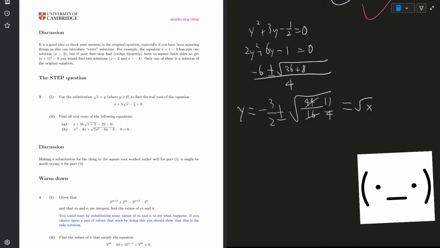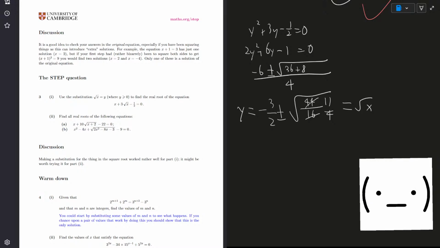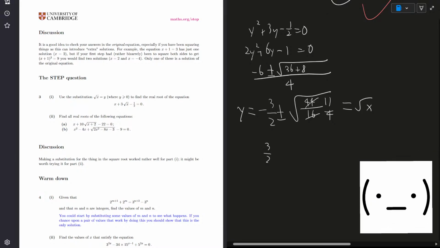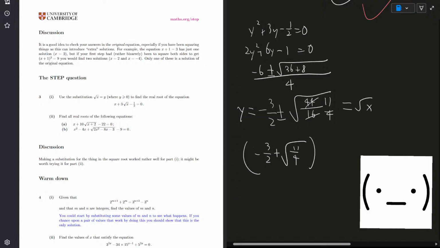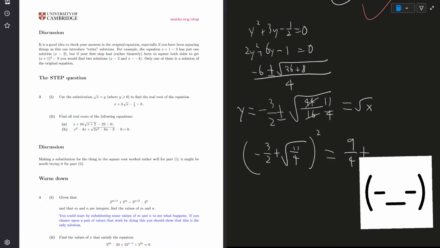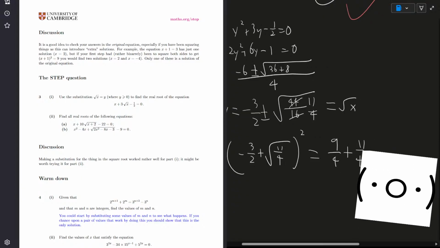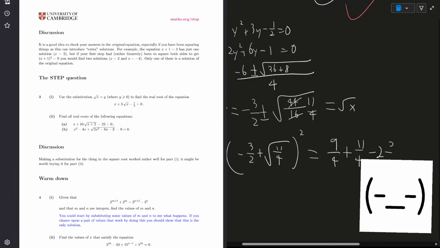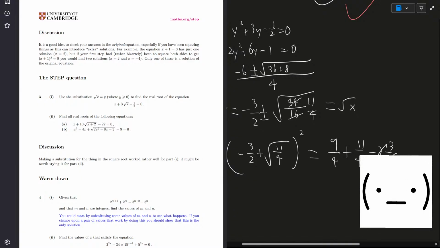Okay, only the positive one matters, so it's this, which is equals to this, plus this. Lovely so far. Negative, cancel out into this.